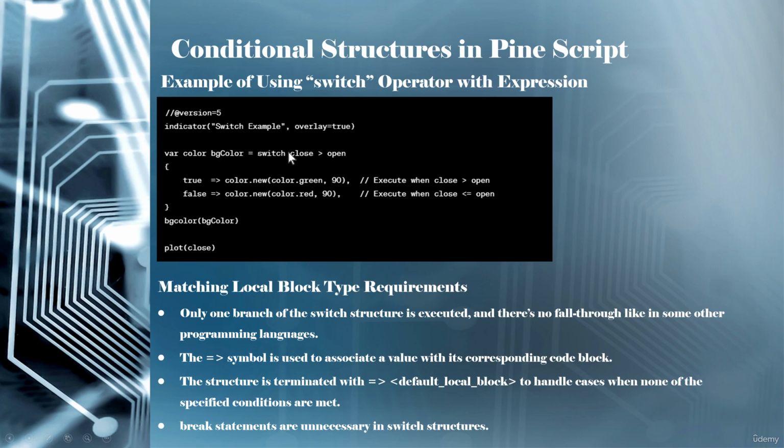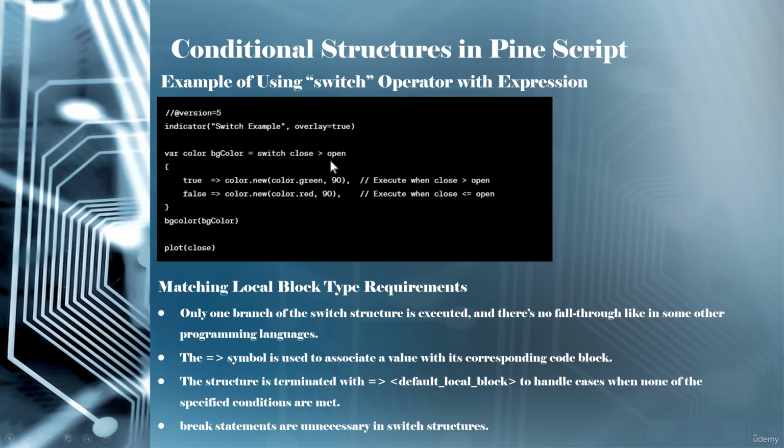So if this close bigger than open condition is true, then the switch operator will try to find the true value within its scope, within its list of values, and it's going to find the true value, this line, and then the corresponding statement will be executed, and the green color will be returned and assigned to the background color variable.